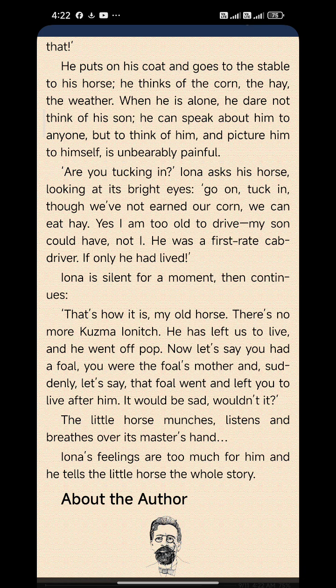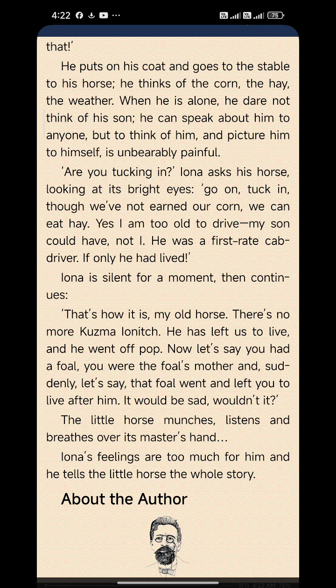Lona is silent for a moment, then continues. "That's how it is, my old horse. There's no more Kuzma Ionitch. He has left us to live, and he went off pop. Now let's say you had a foal.